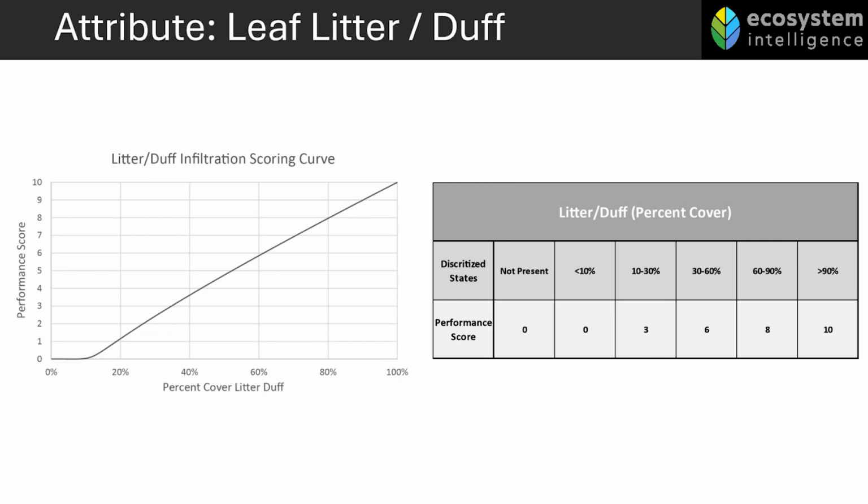Now, because of the way we do our scoring curves, we could do this as a continuous measure. We could ask you to go out and say, what is the actual percent cover for litter duff to the particular percentage point? But you'd send three people out and get three different results back.